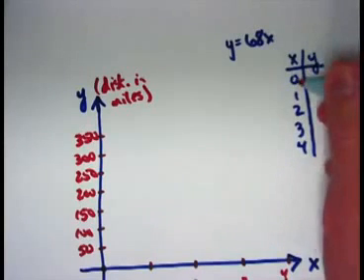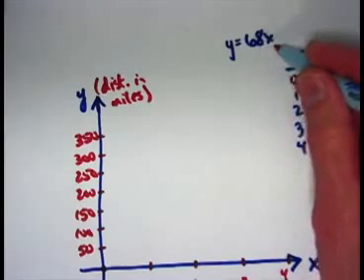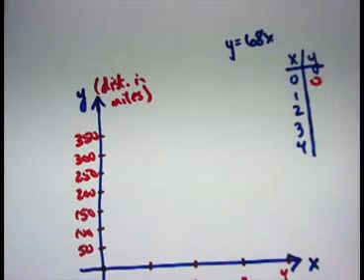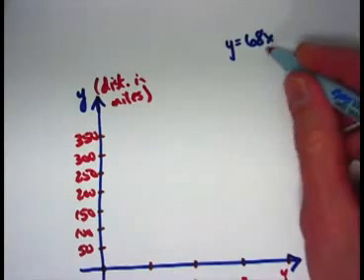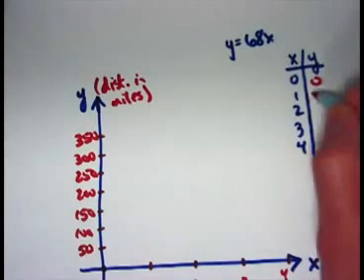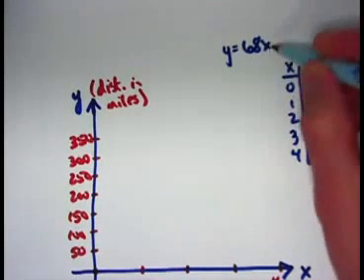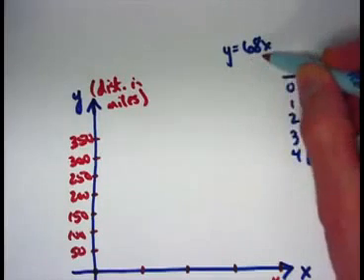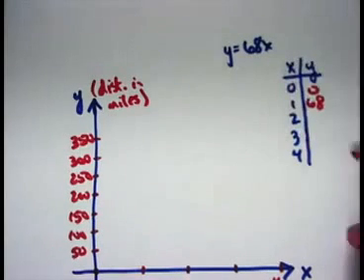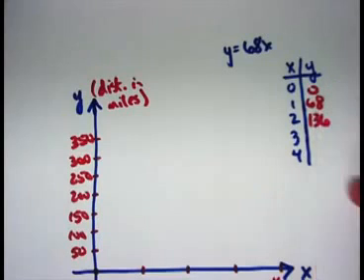So when x is 0, I plug in 0 in place of x. I get 68 times 0, which is 0. Y must be 0 as well. When x is 1, I plug in x equals 1 up here and do 68 times 1 to get 68. When x is 2, I plug in 2 in place of x, and the formula says to take 68 times 2 to get what y is. 68 times 2, that's 136.